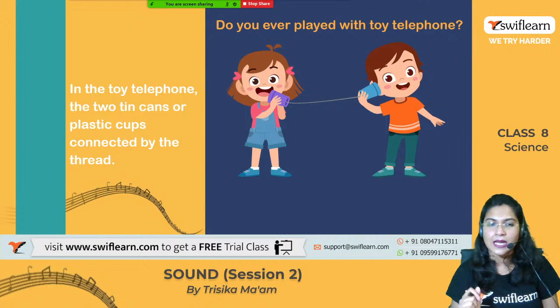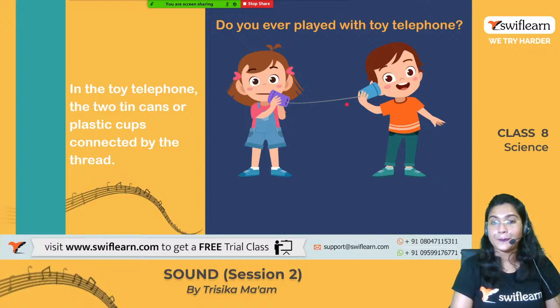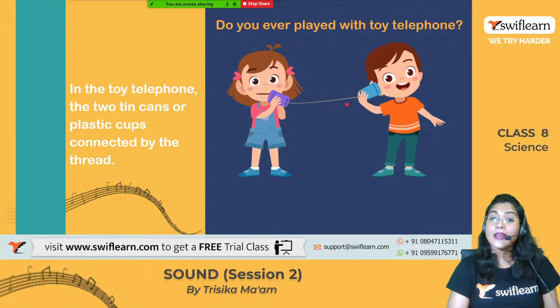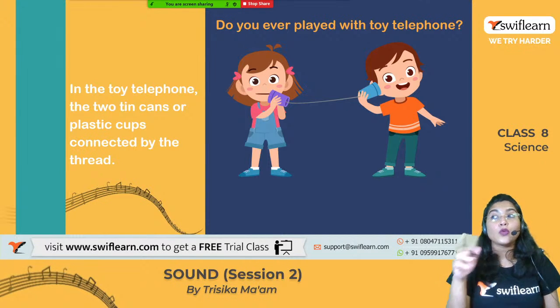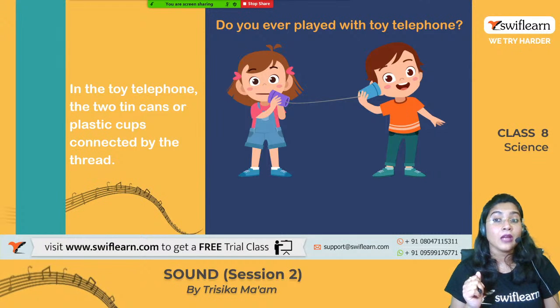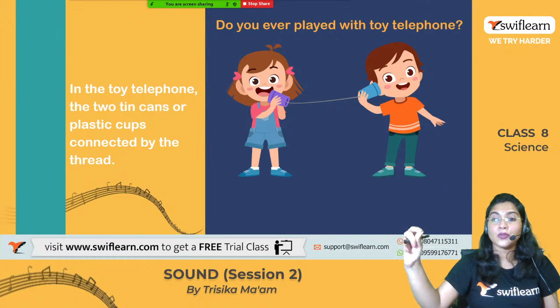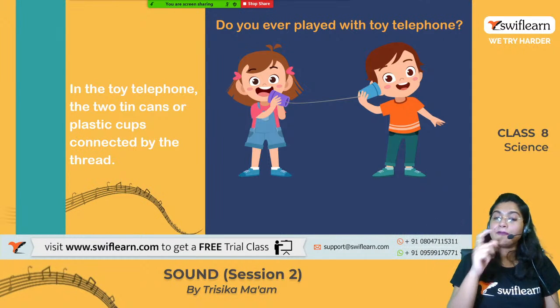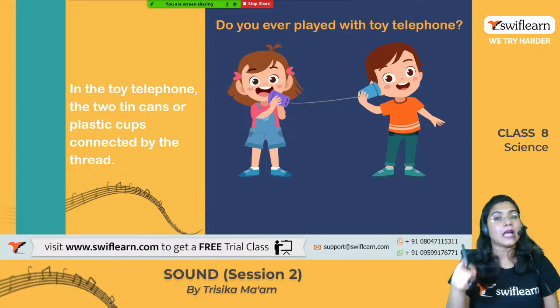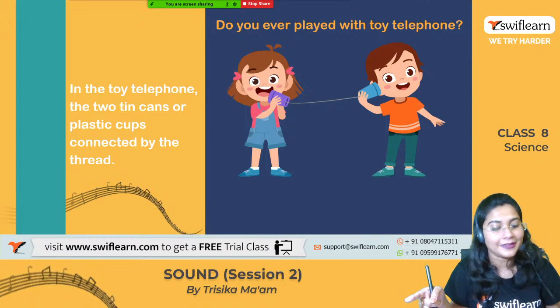Connect both of them with the help of a thread. Now both of you go to different rooms, and don't just leave the two cups unconnected. So take a long thread, and one cup will be in your hand and another cup will be in the hand of your friend.